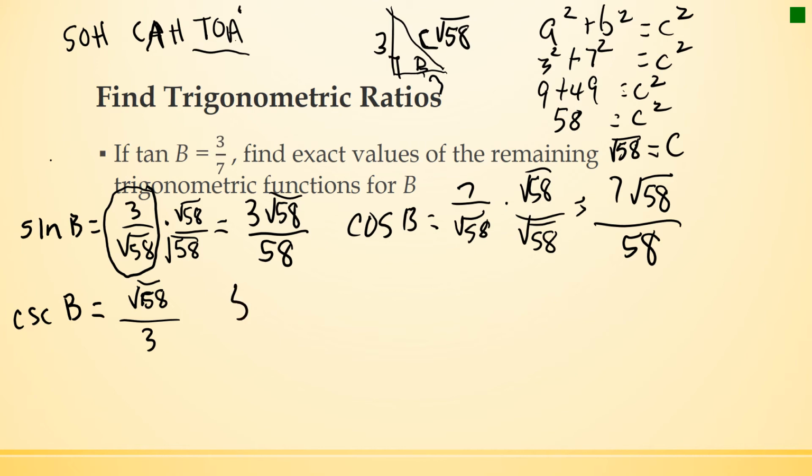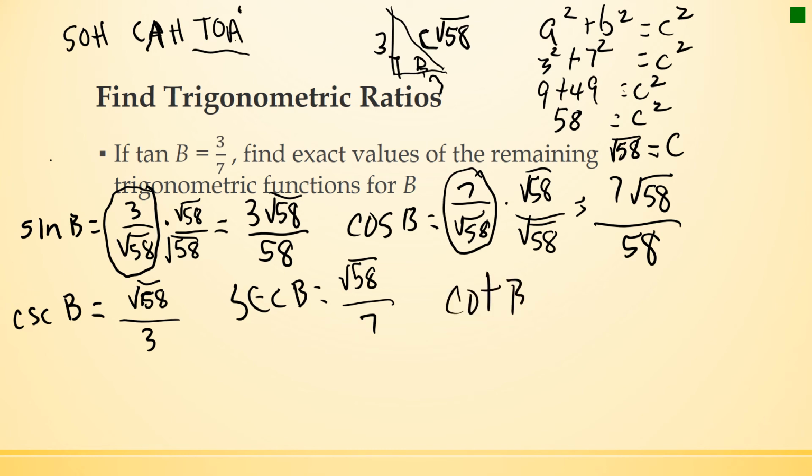And then the secant of B, I'm just going to flip the cosine over. The secant of B is now the square root of 58 over 7. And then lastly, we've got the cotangent of B, and the cotangent is just the reciprocal of the tangent, so that's going to equal 7 over 3.